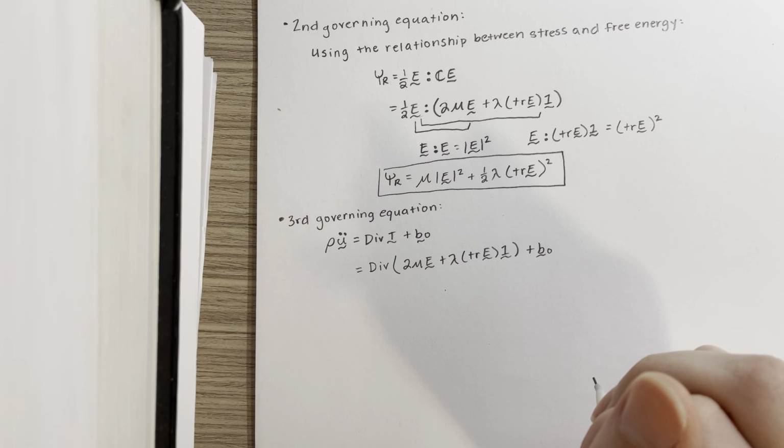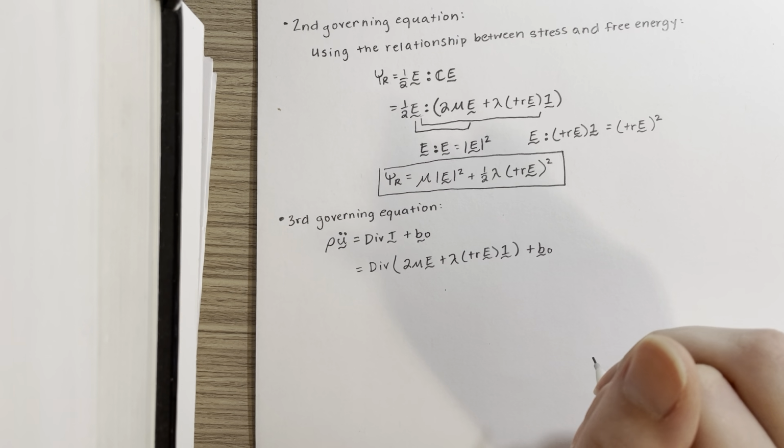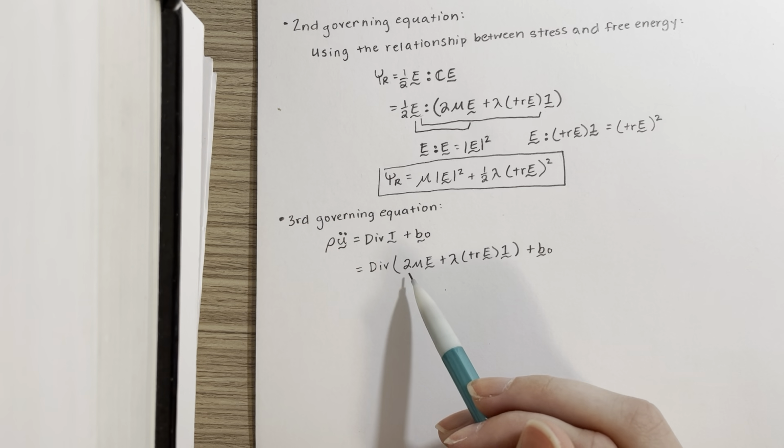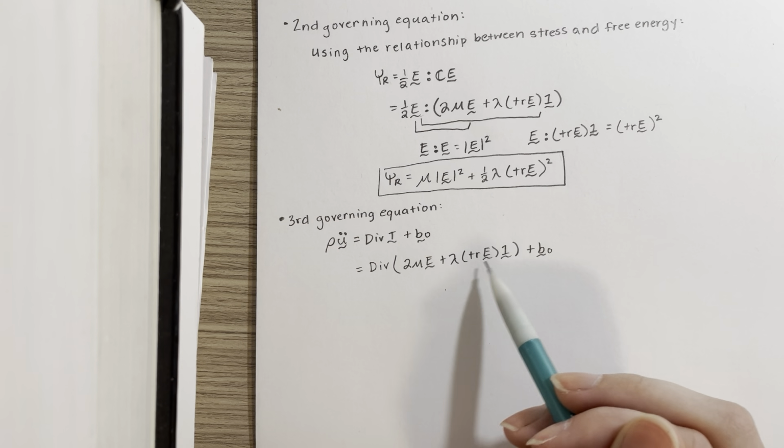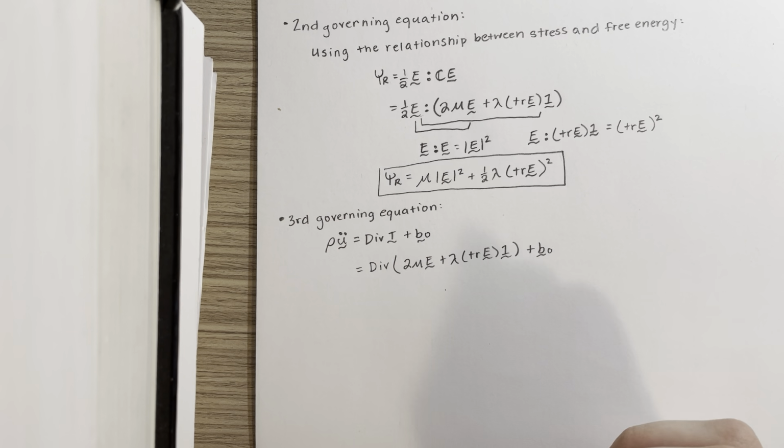So I'm going to go ahead and analyze the divergence of 2 mu E and the divergence of lambda trace E times the identity tensor separately.